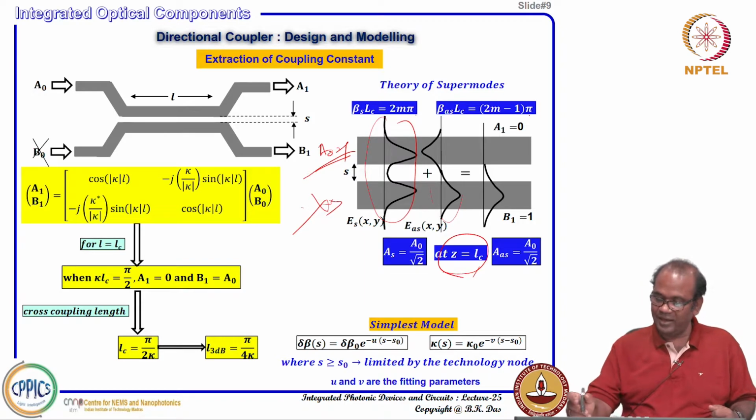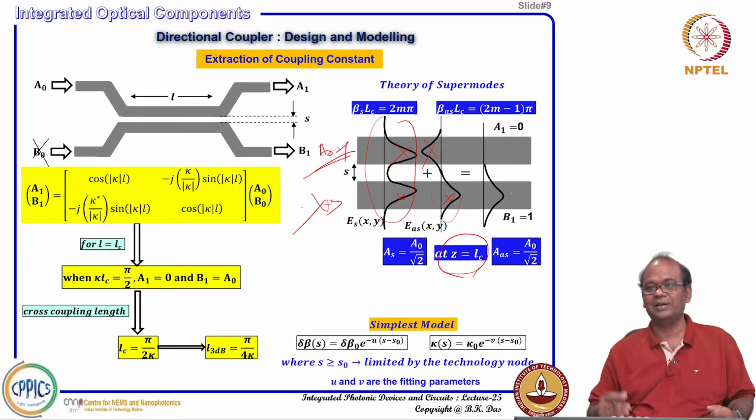So, in that case this one will be flipped, and if you take a superposition, with this negative sign and this positive sign, in waveguide A you will see nothing, and with symmetric positive and antisymmetric also positive, in the second waveguide you see the maximum.